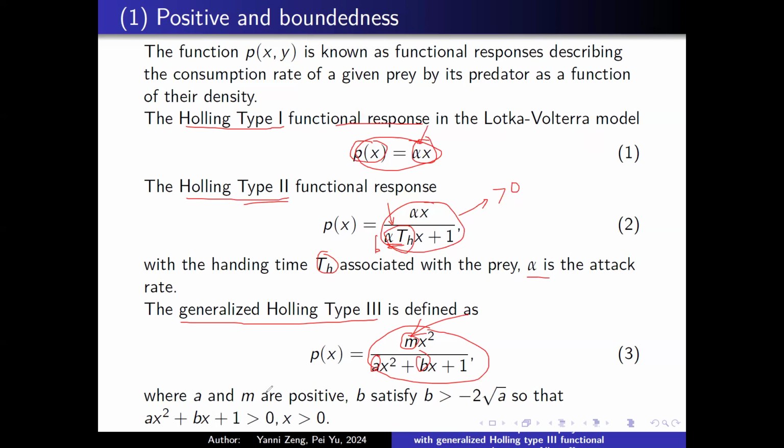For the Holling type, we need to have some conditions for the model consisting of the interaction between predator and prey.